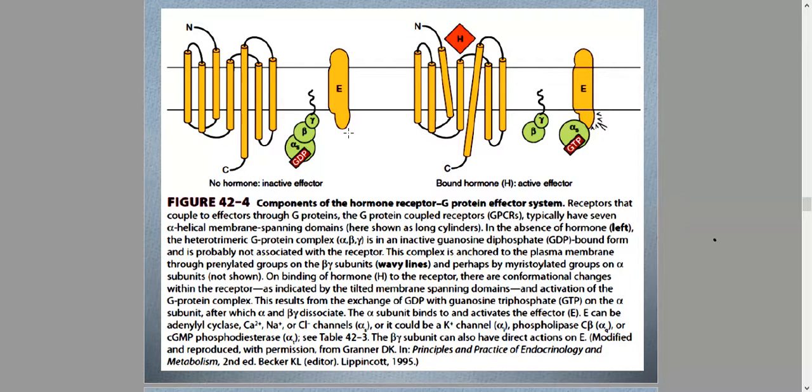So these two structures are our multi-subunit G protein, which is bound to guanosine diphosphate (GDP), and an effector molecule that can be in the form of enzymes, like the enzyme producing cyclic adenosine monophosphate.